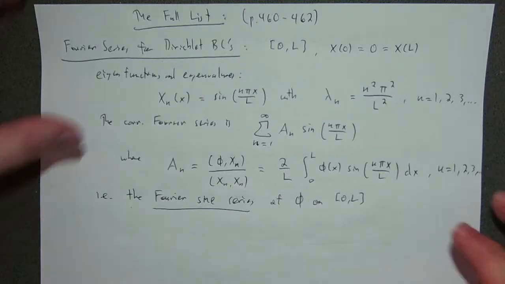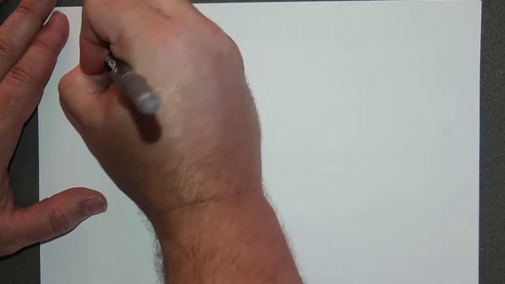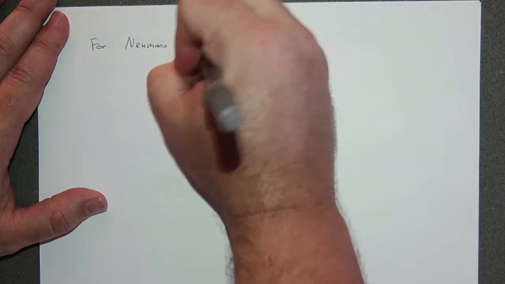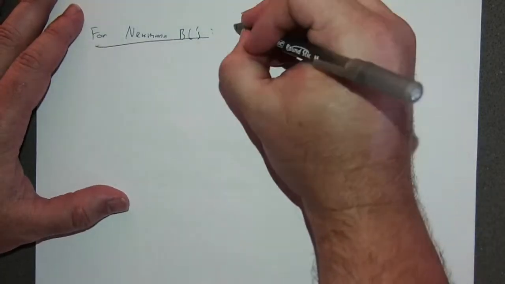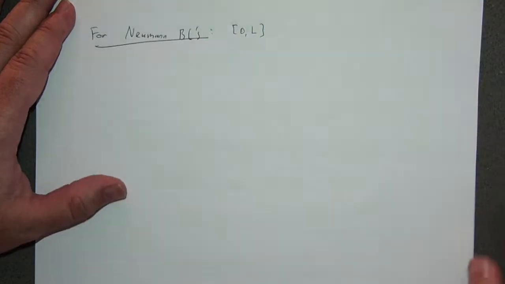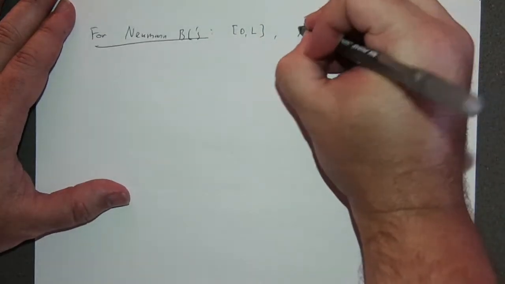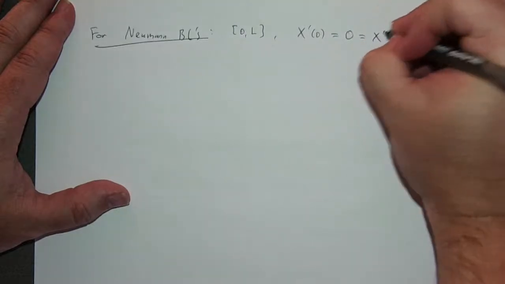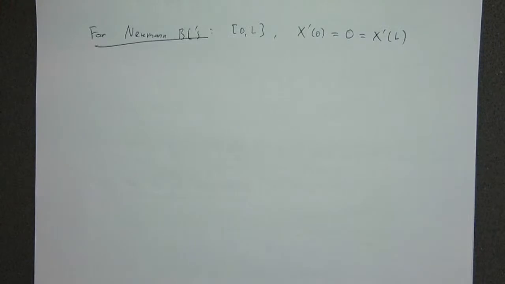What about for Neumann boundary conditions? You've probably already guessed this. I again have interval 0 to L. I have homogeneous Neumann conditions, which tells me that the derivative of x at the endpoints is 0.